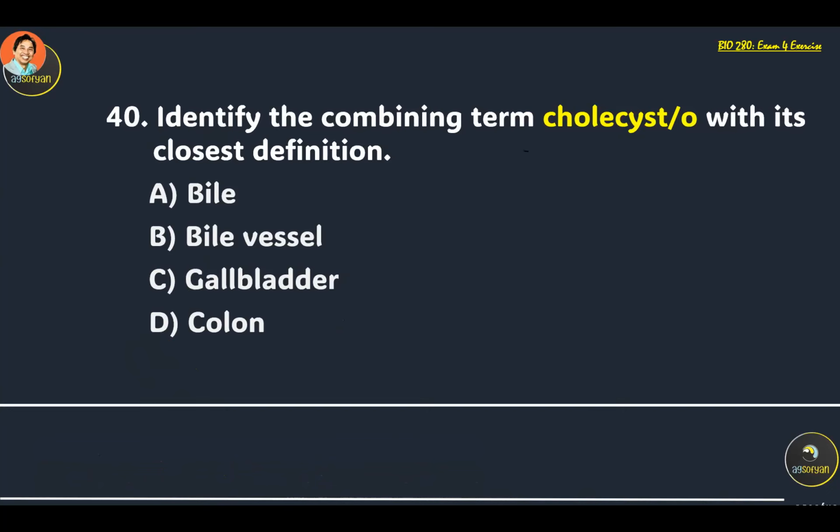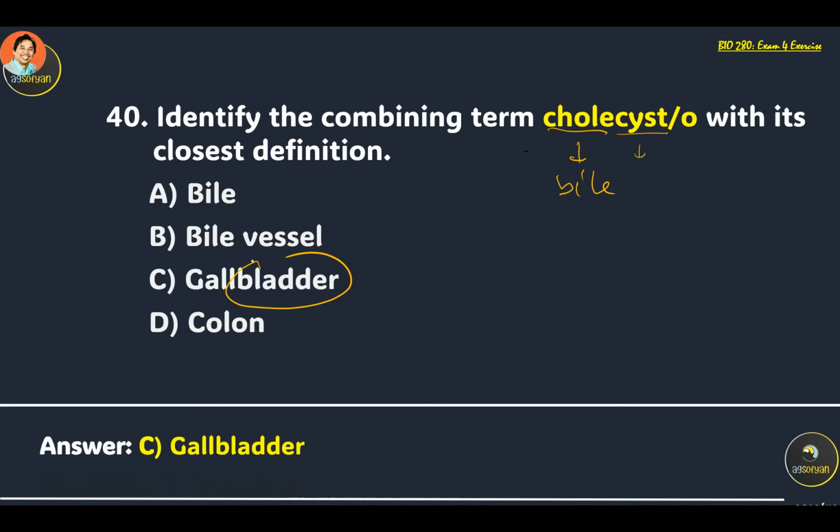Combining term of cholecysto. Again, we have bile over here. Cholecysto, and then we have cyst, meaning place or area or expansion. So this is the place for the bile. Where is the place for the bile? The bladder.